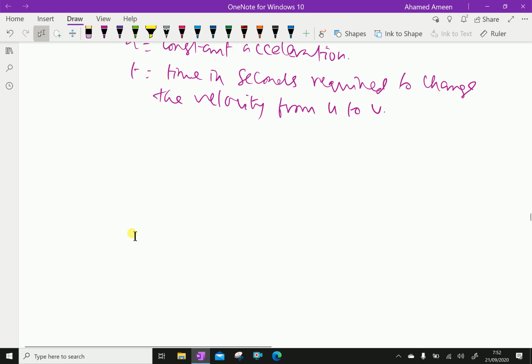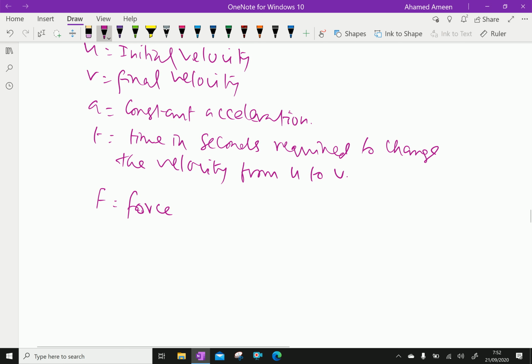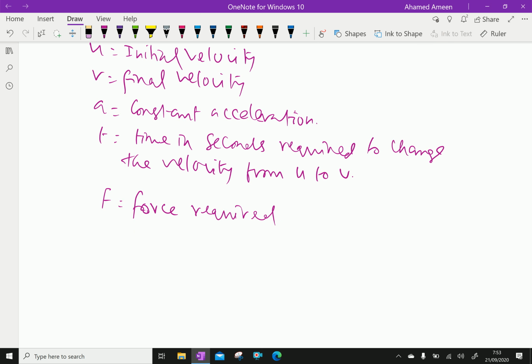Now F equals the force required to change the velocity from u to v.